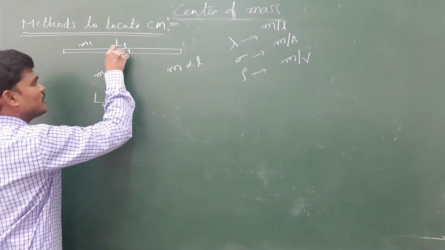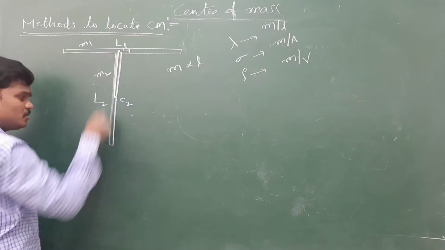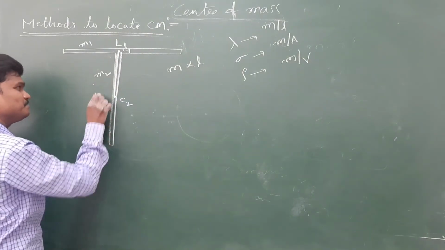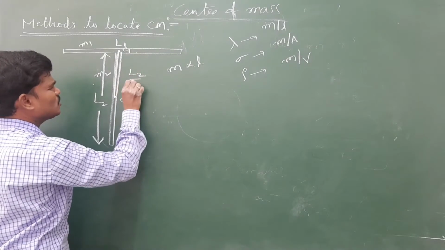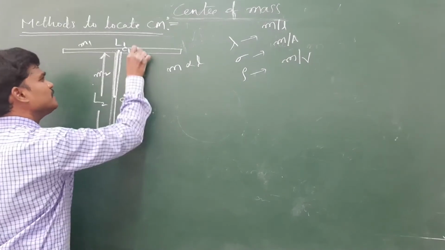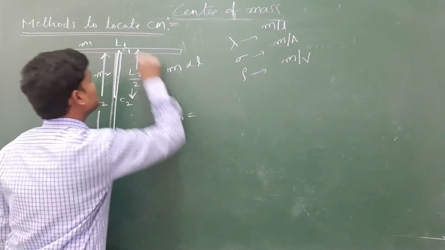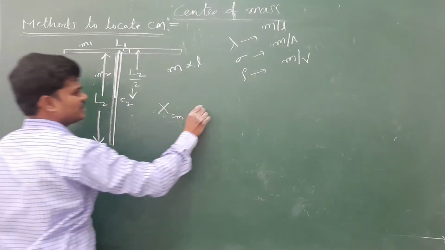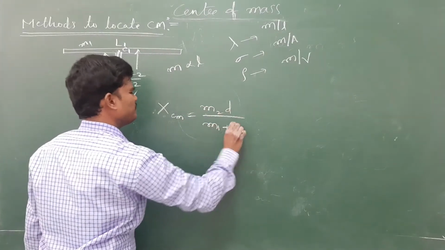Now I want to find the center of mass. From here to here is L2. From C1 to C2 the gap is L2 by 2. Now the distance of the center of mass from C1: the opposite mass is M2, so the formula is M2 d by M1 plus M2.